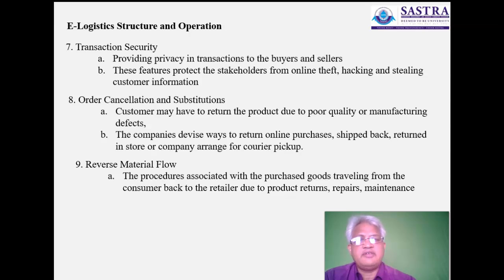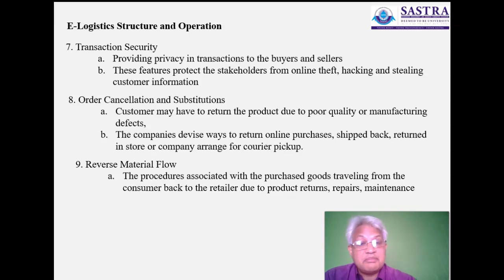And finally, reverse material flow. Procedures and standards should be developed such that the purchased goods by the customer are going in a reverse flow. That is, now it goes back from the customer to the place of origin.